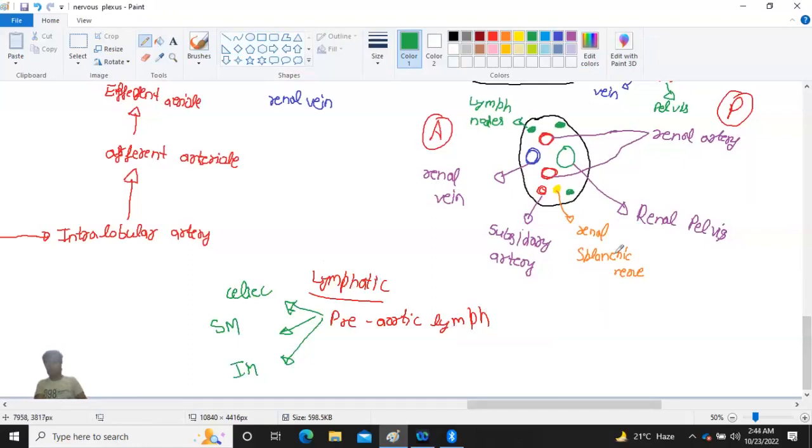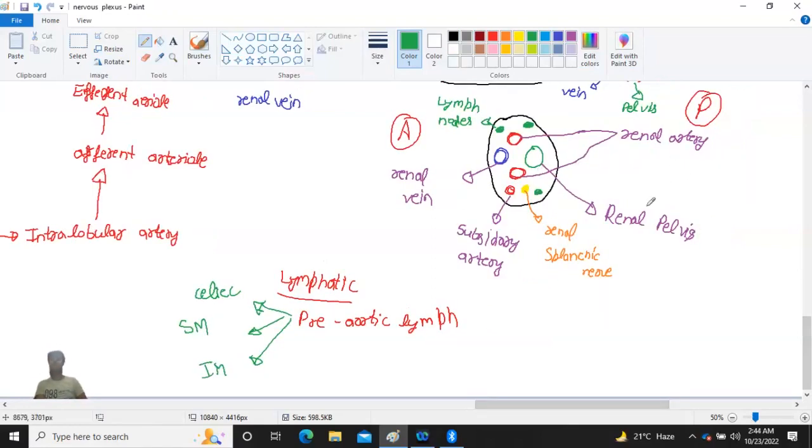Blood supply, venous supply we have done. Splanchnic nerve supply is the sympathetic supply.